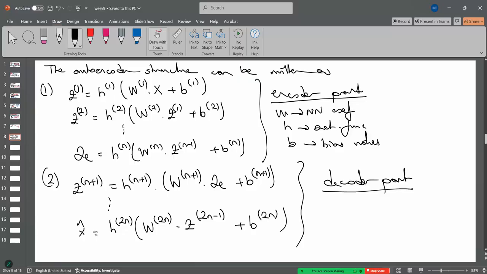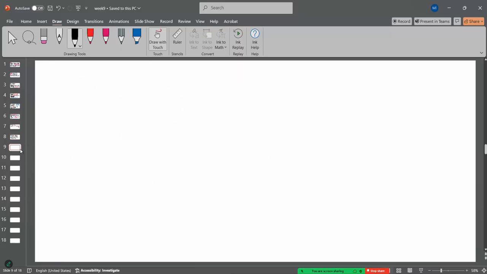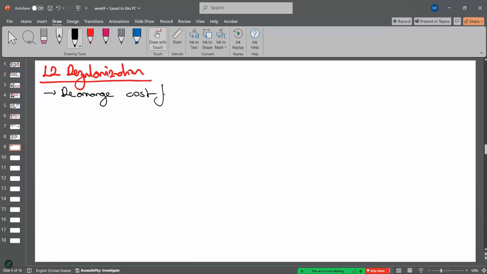In order to explain the regularization, it is a simple concept here, L2 regularization. We can write or rearrange the cost function L like this. L hat is equal to L plus lambda times the sum of W i squared.